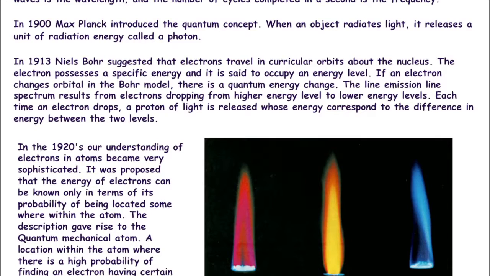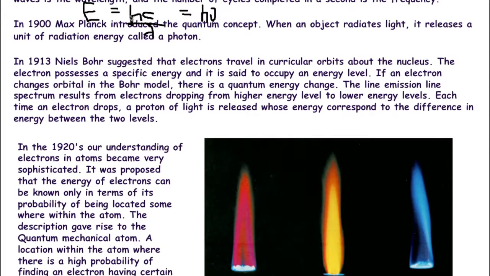And this is related by this equation right here. We can say that E equals hc over lambda, where lambda is the wavelength of light. So you can see this inverse relationship between the wavelength of light and energy.